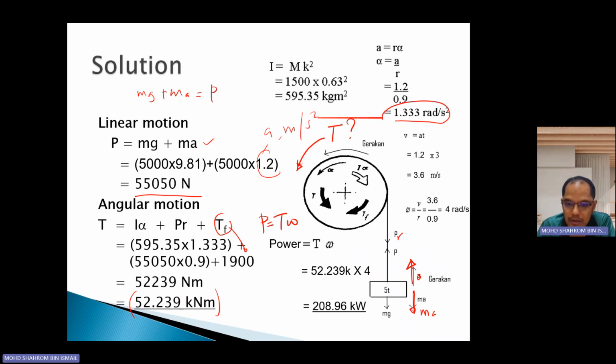In order to get the omega, you have to find the velocity and so forth. So omega is equivalent to velocity over radius. How to get the velocity? You need to convert from the acceleration, so you multiply by time.